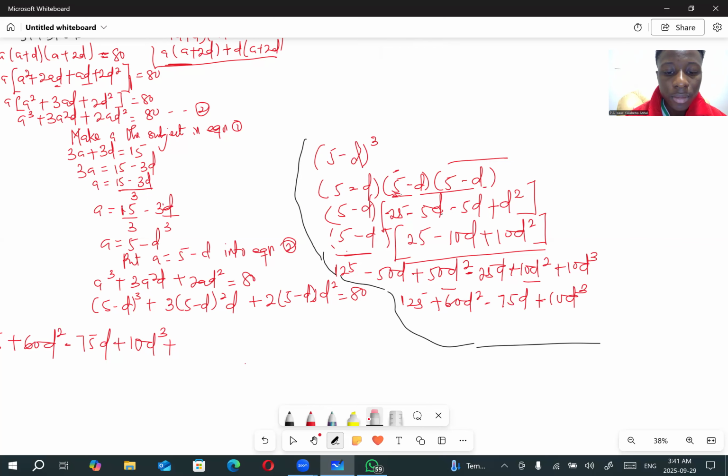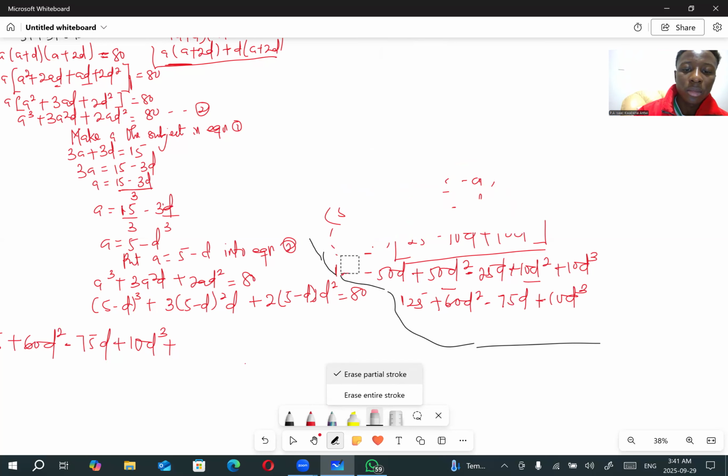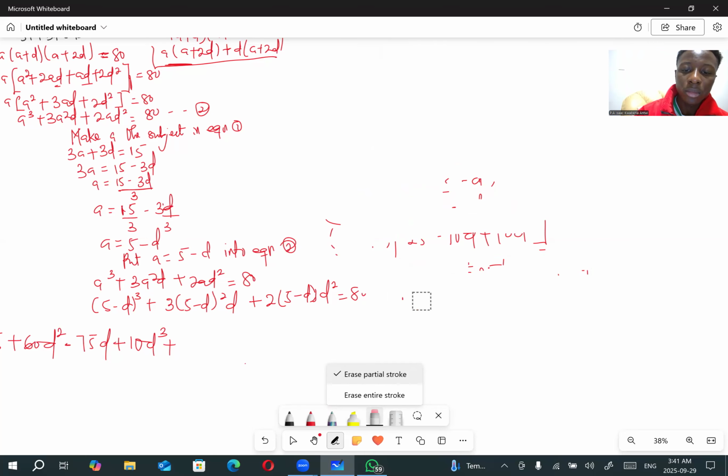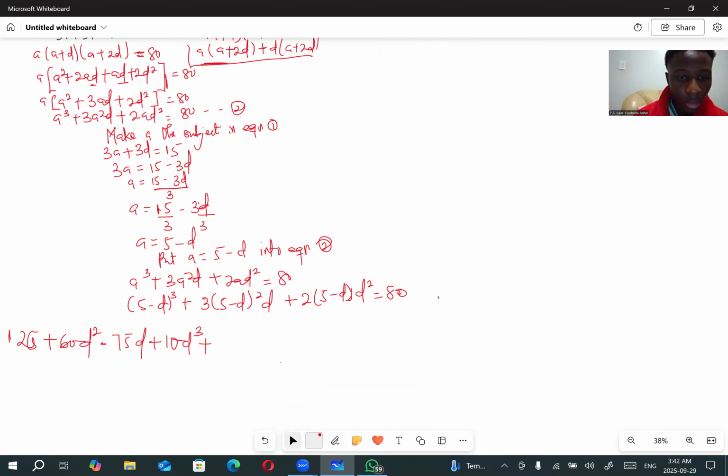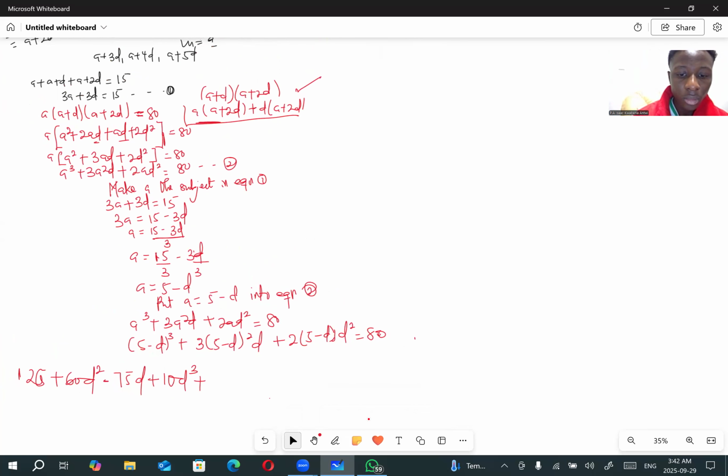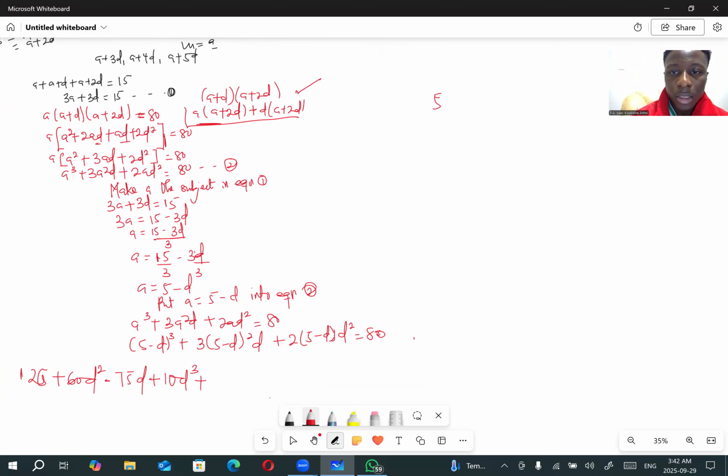So that will be 5 minus d all cubed. It's 5 minus d cubed.